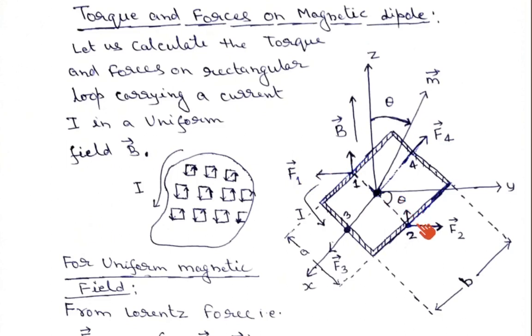Similarly for the second side of the rectangle, the magnetic field is along the z axis and the current is flowing along the x axis, but in the opposite direction.